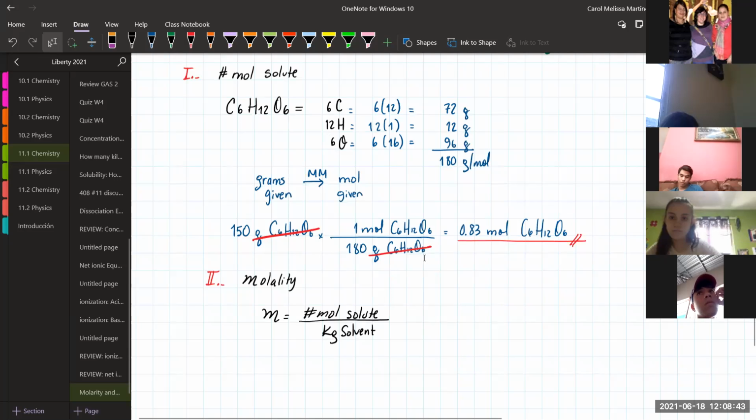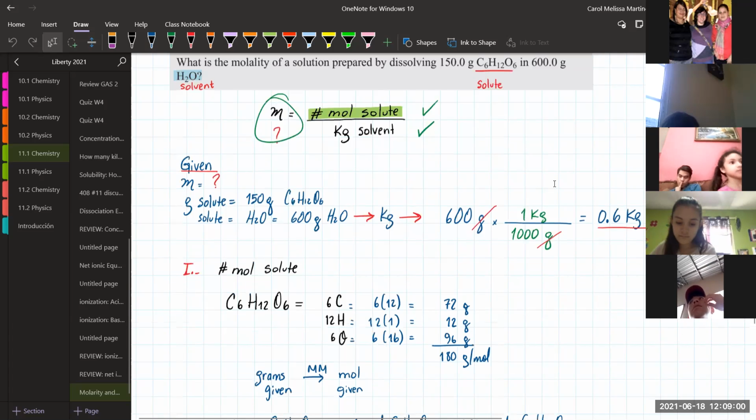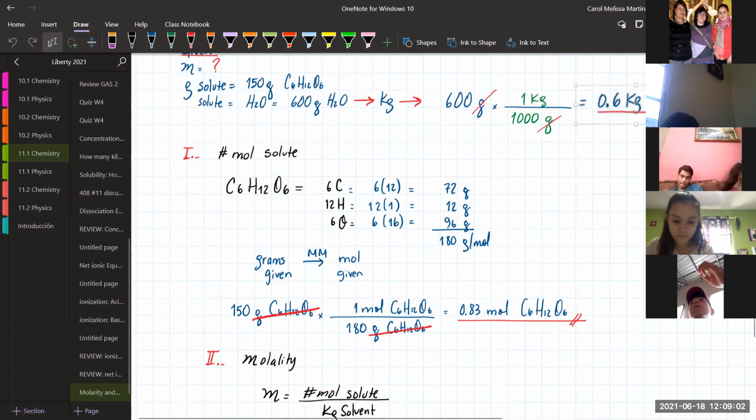So my molality is going to be equal to 0.83 moles of C6H12O6, all this divided by the kilograms of solvent. That, if you remember, we did a conversion in the beginning and we obtained 0.6 kilograms of water.